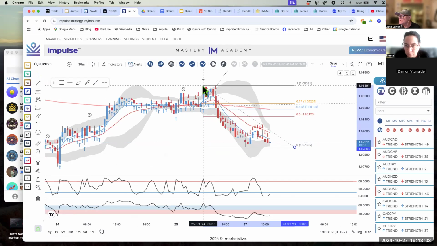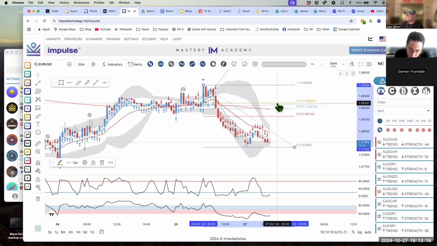Might change a little bit because that will go right there. So on the 30-minute, 1.08241. So slightly different. So that's where we would put our sell limit on EU at 1.08241.